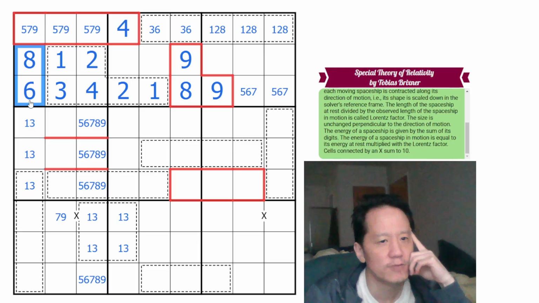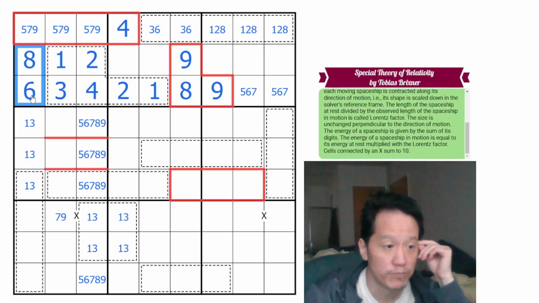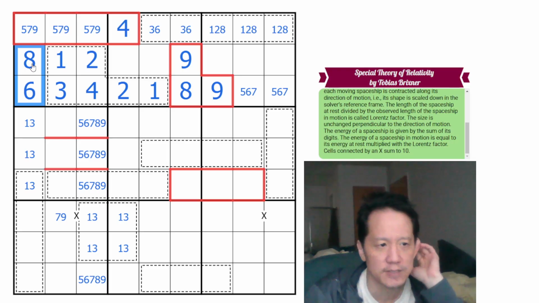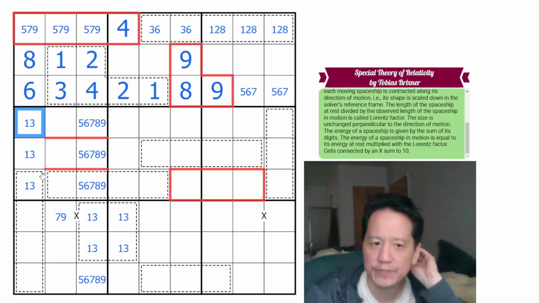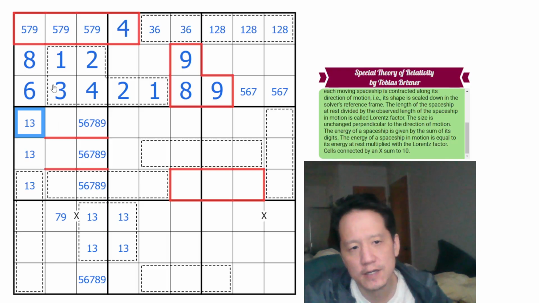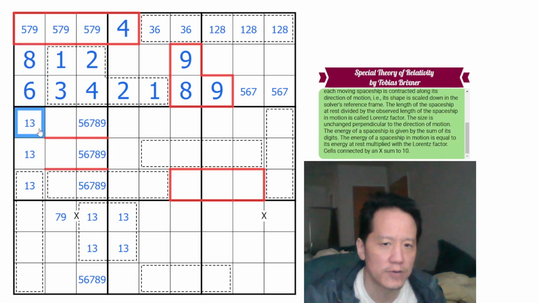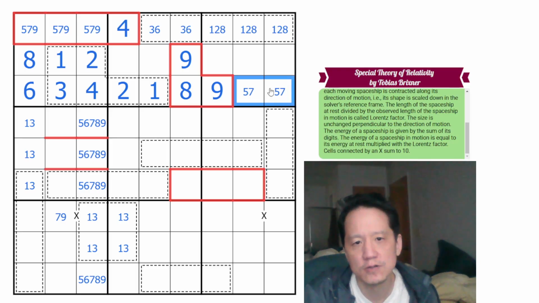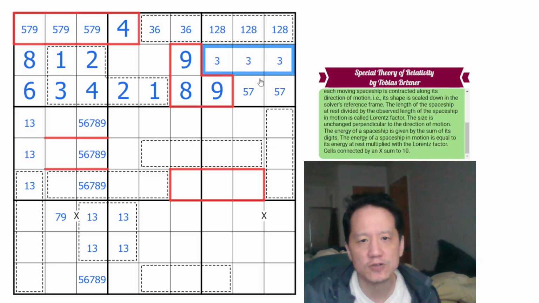This has to contain 1 out of 6 or 8. Or 2 out of 6 or 8, but 6 or 8 doesn't seem... 6 and 8, 20... 4 doesn't add up, right? It'd have to be 7, 8, and 9. And none of these are 7, 8, and 9 here. So this can't be 6 here. The remaining digits here are 3, 4, and 6.